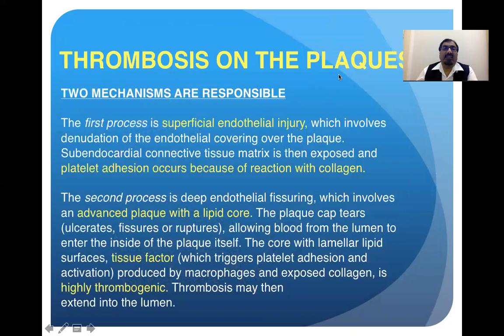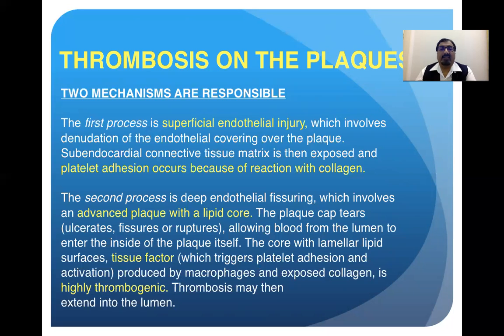On top of this atherosclerosis, there is another mechanism which plays a part in coronary artery disease, and that is the thrombosis. Two mechanisms are responsible here. The first process is superficial endothelial injury, which involves denudation of the endothelial covering over the plaque.